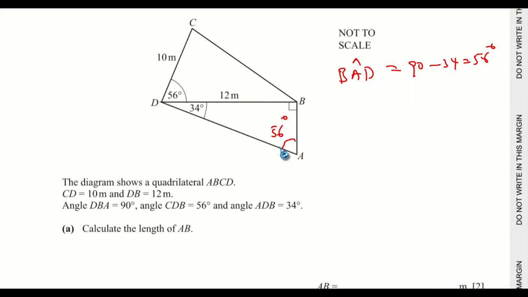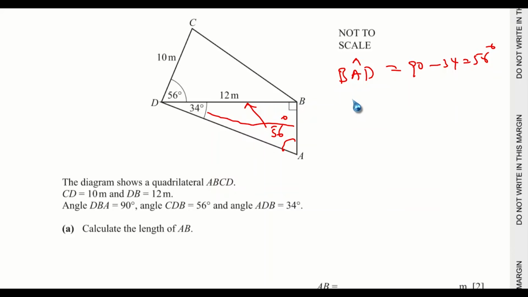Okay, so for this one now, since I want to find AB, I have a side and its corresponding angle. Then I have this 34, so I can use it against this AB.